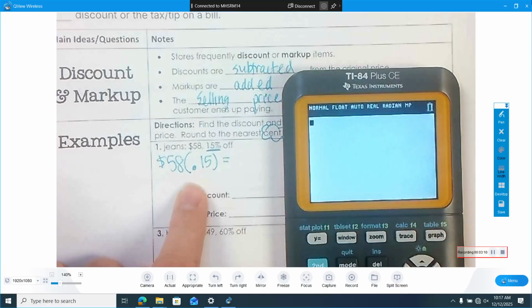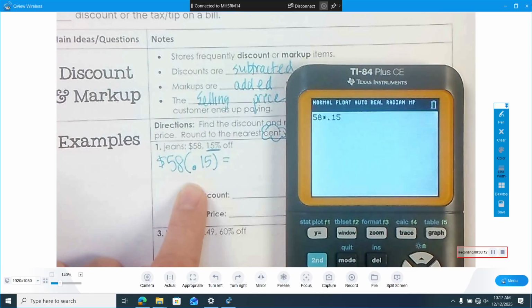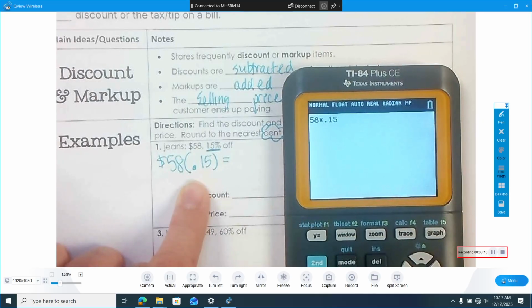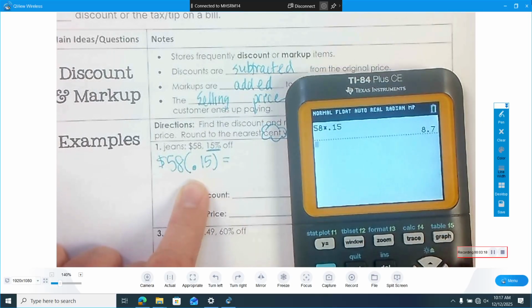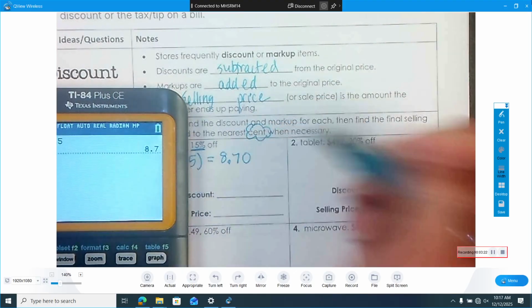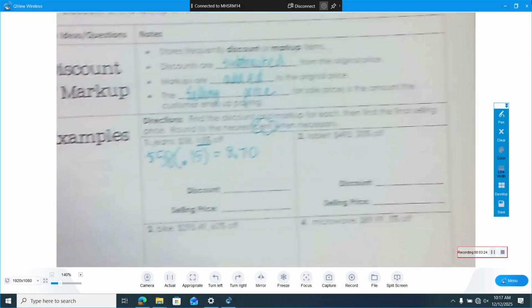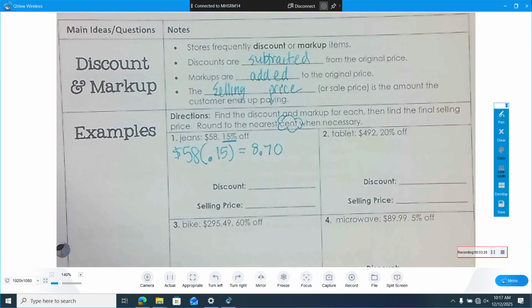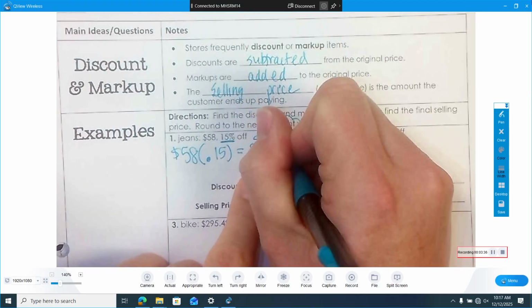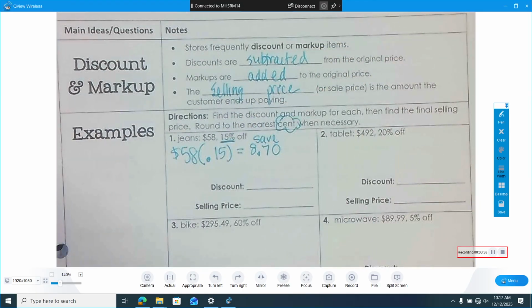So we're going to use our calculator and multiply 0.15 times the 58. That is what? What does 8.70 mean? $8.70. Is that the cost of the jeans? That's the 15% off. That's the amount you're going to save. So we're going to save $8.70.